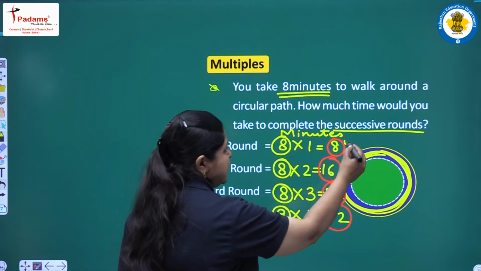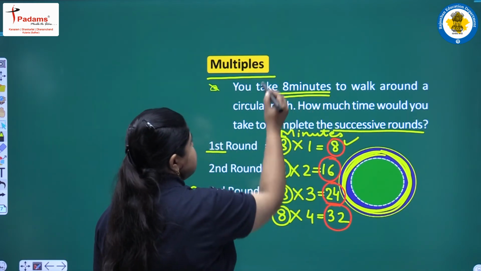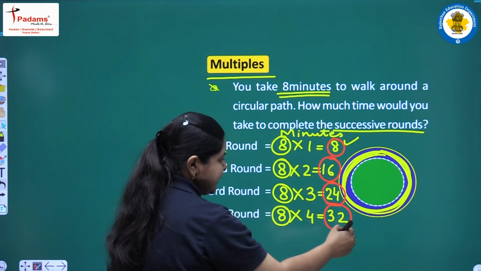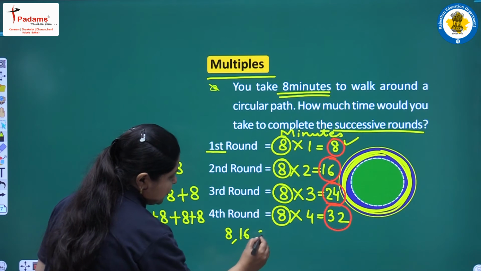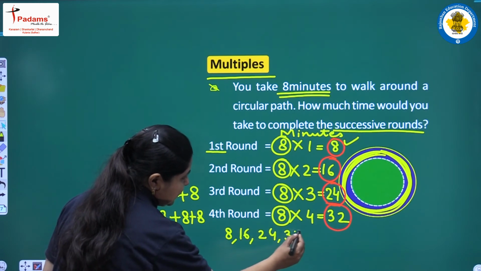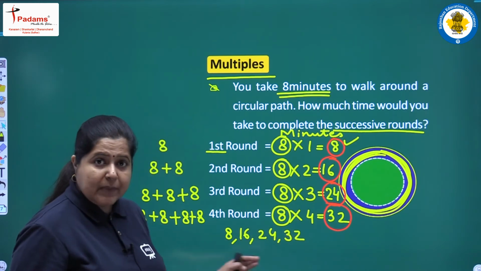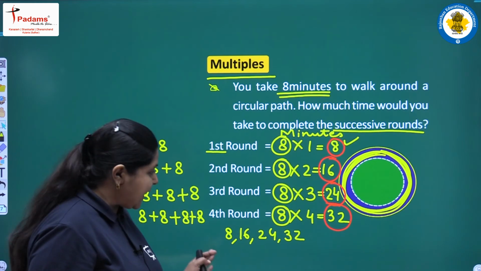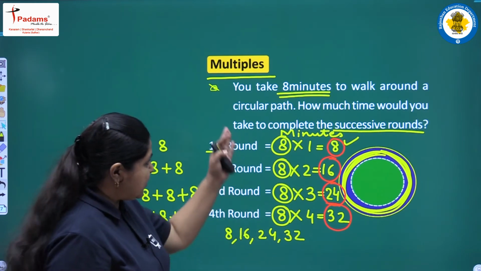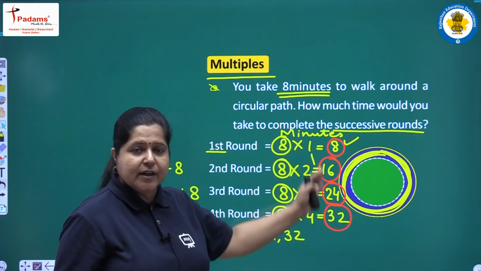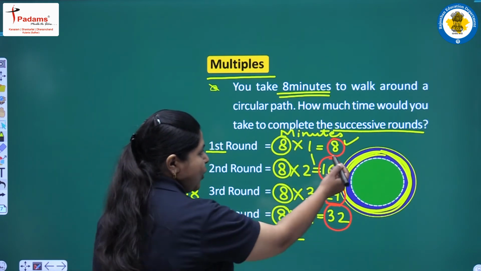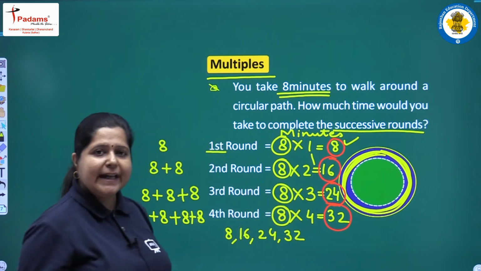These numbers are called multiples of 8. All these are multiples of 8: 8, 16, 24, 32. Why are these called multiples of 8? Because we get these numbers when we multiply 8 by some other number. So these numbers are called multiples of 8.